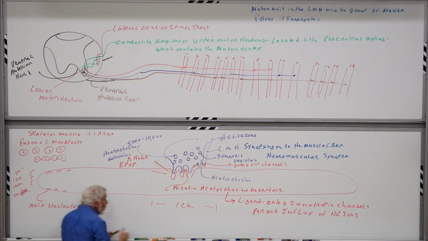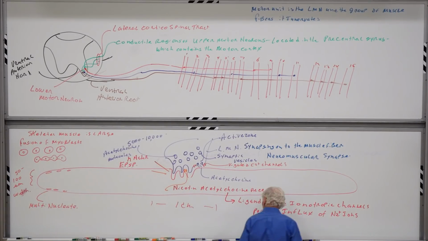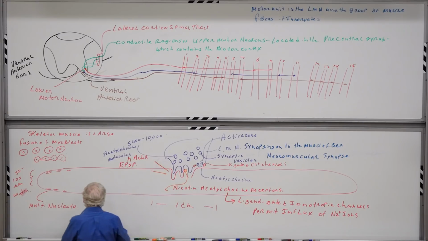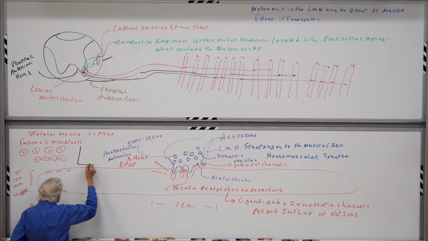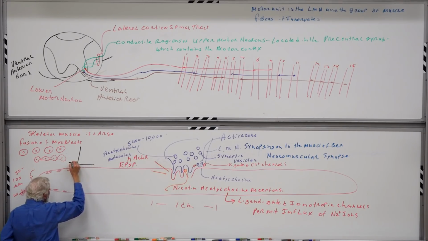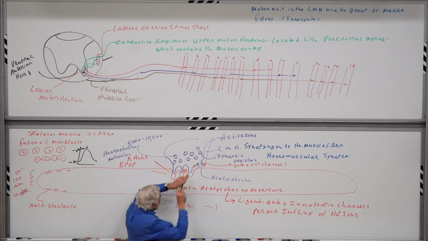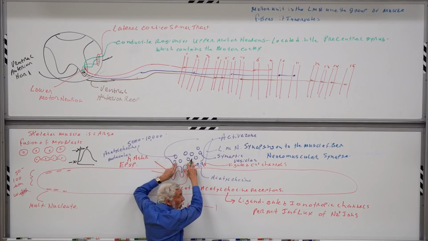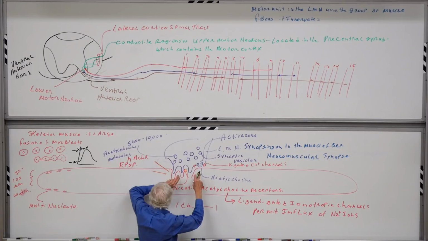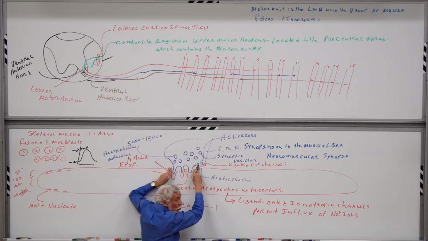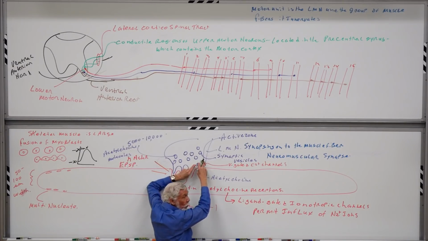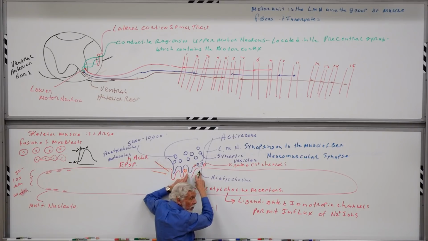If we were to record this excitatory postsynaptic potential, we would see the membrane potential goes from about minus 70 millivolts all the way up to about minus 20 millivolts. What's really happening here is that when the action potential arrives at the output region of the lower motor neuron, almost simultaneously, something like 50 to maybe as many as 200 of these synaptic vesicles fuse with the plasma membrane and release their contents.